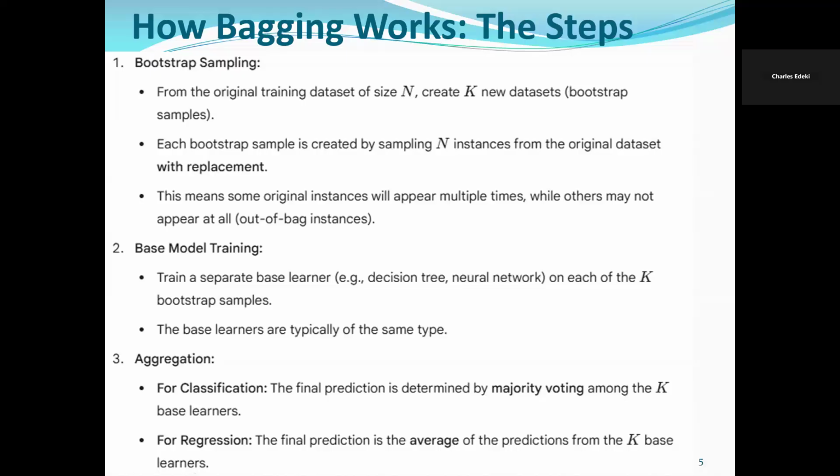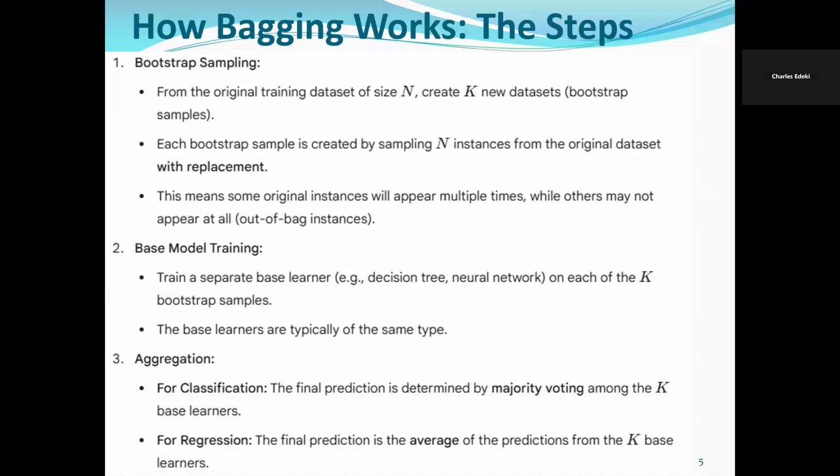Now, each training data set will be used to do what? To create a model. And that will be the second step. As we mentioned earlier, we may have some implications here. In the first step, the bootstrapping sample process, some records or instances from the training data set will appear multiple times in the sub training data sets we have.